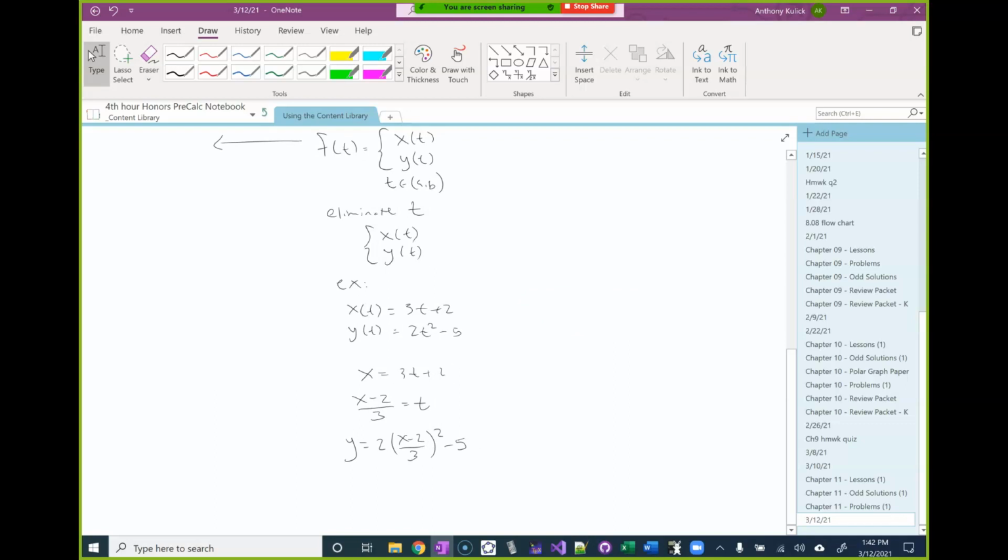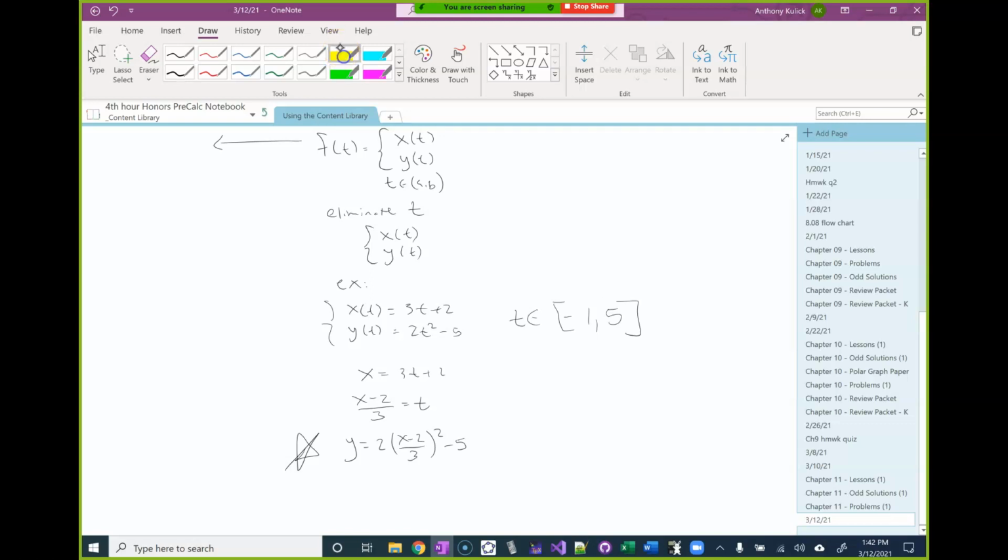Okay. So the only really tricky part about something like this is getting the domain and range for your rectangular function. So let's say that the interval of my parameter was -1 to 5.